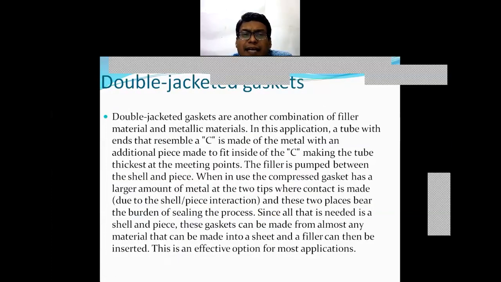Then double jacketed gaskets. These are another combination of the filler material and the metallic material. In this application, a tube with the end that resembles a C is made of a metal, with the additional pieces made to fit inside the C. The filler is pumped between the shell and the pieces.